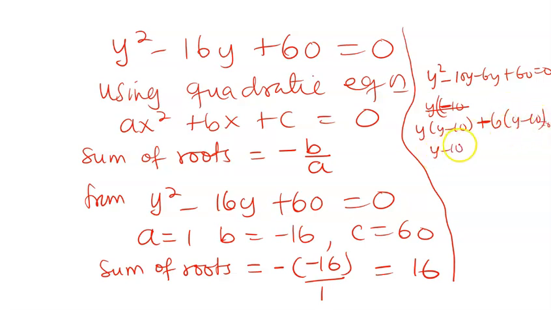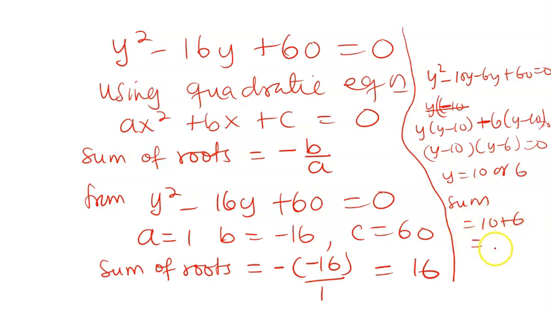So (y minus 10)(y minus 6) is equal to 0. So that y will be 10 or 6. So if you want to add, the sum will be 10 plus 6, which is 16. So either you use the first method or you use this method, you get the same answer.